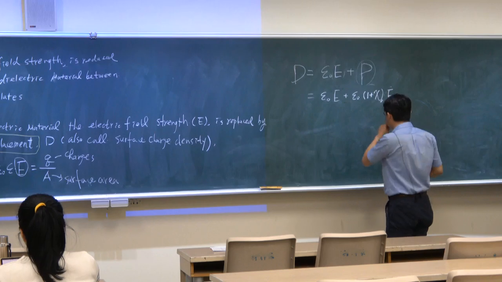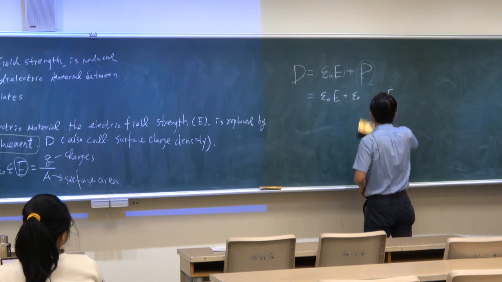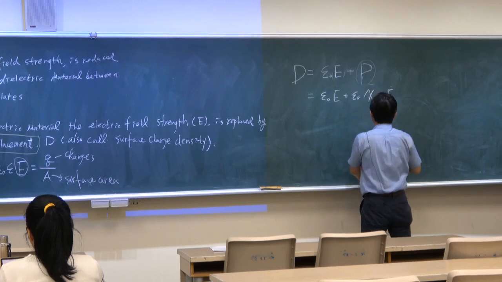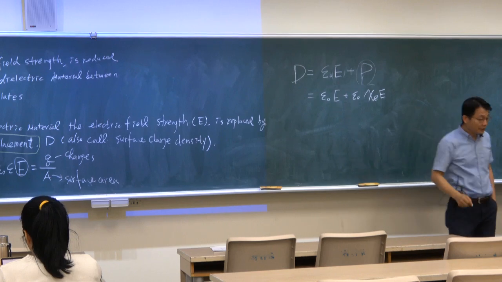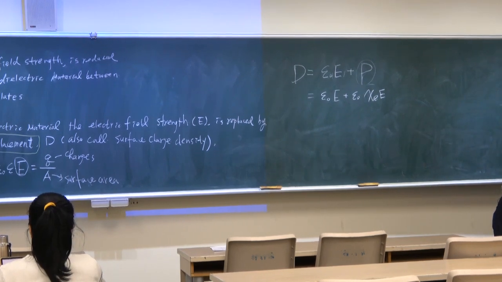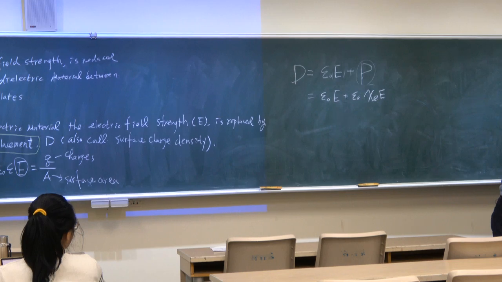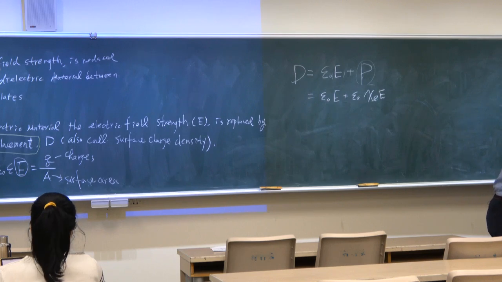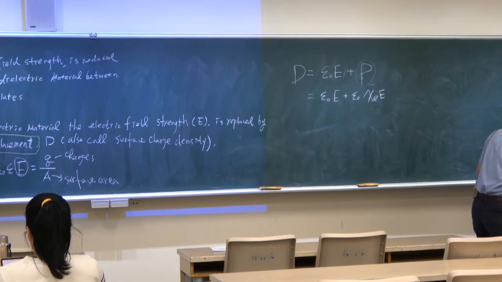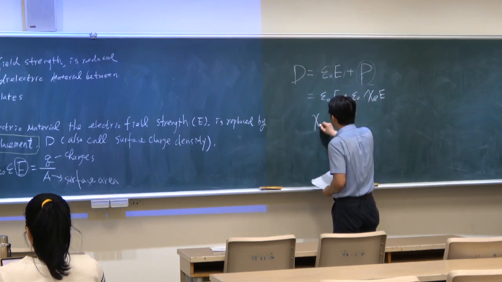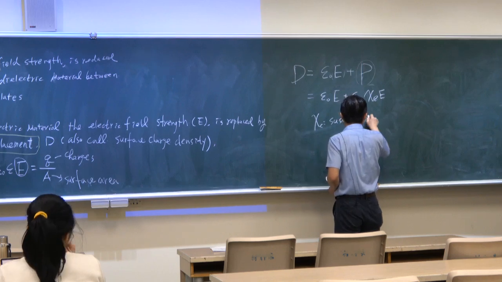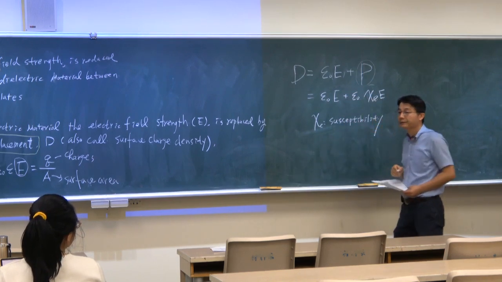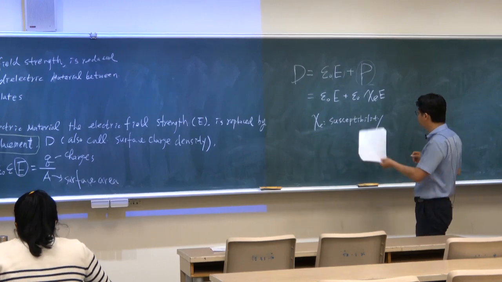Okay, so this is E chi. This term we call chi E is susceptibility.